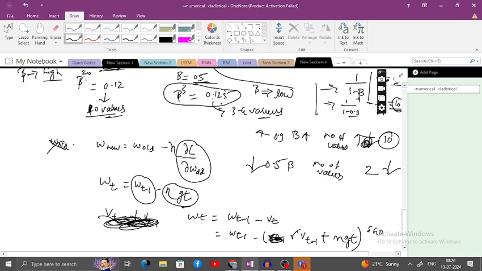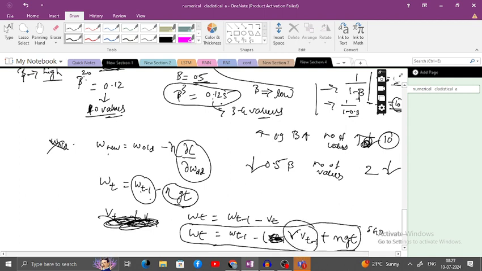Now you see Wt. Observe the equation carefully. I will explain now. W new, the older weights, W t minus 1, minus eta into gt. But this is not sufficient. I am adding one more extra term. What is this?